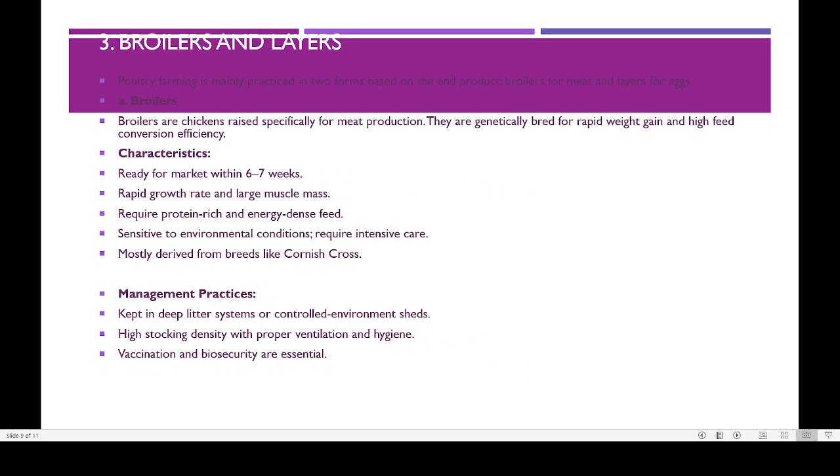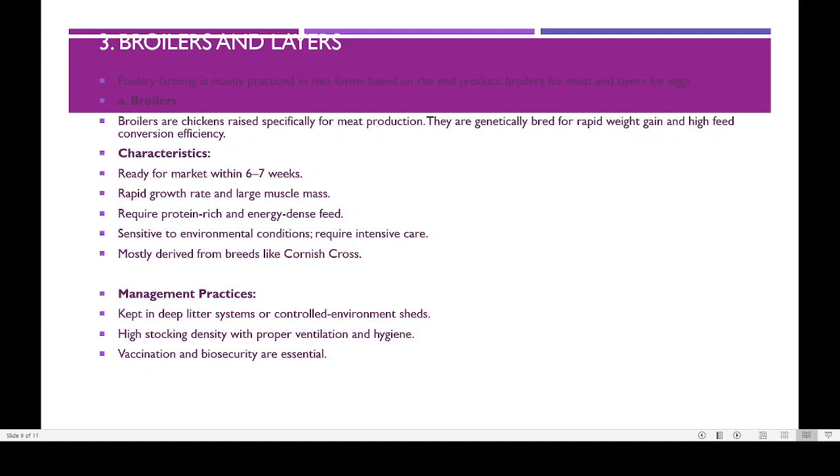Coming to the management, they are kept in a deep litter system or controlled environment shed, with high stocking density and proper care. So this is important. If you are rearing a lot of chicken, maybe 100,000 or 10,000, we have to give proper hygiene, proper aeration, proper ventilation, proper temperature.